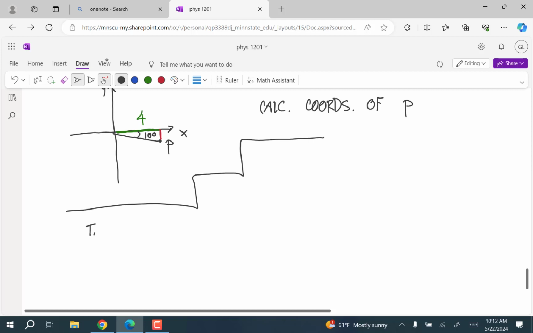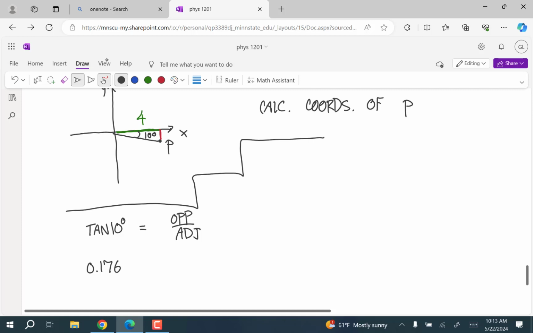So we know that the tangent of 10 degrees is equal to the length of the opposite side over the adjacent side. The tangent of 10 degrees, I got to calculate that, is 0.176.